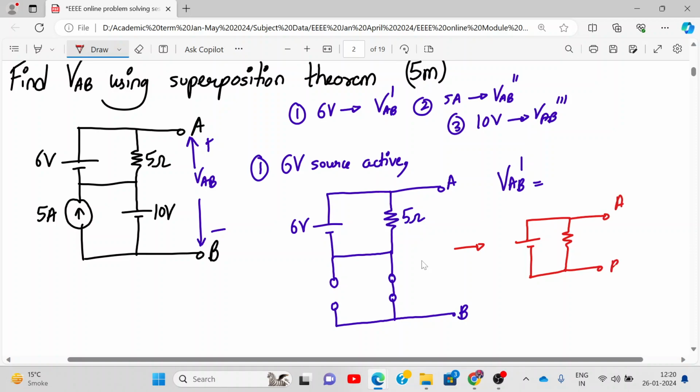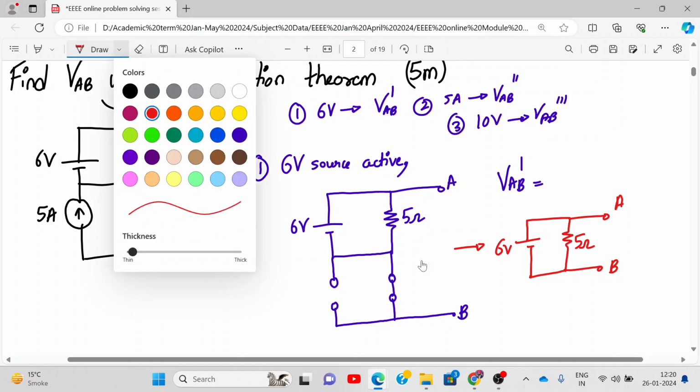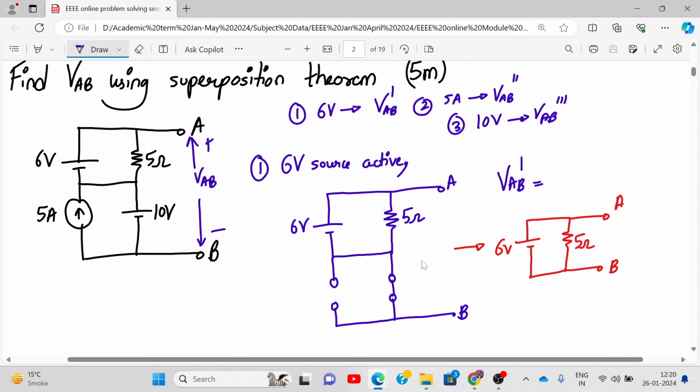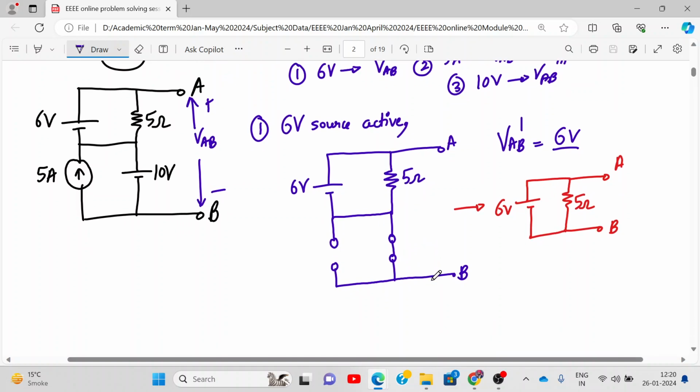So this is A, this is B, this is 5 ohm, this is 6 volt. Now can you tell me how much is the value of VAB dash? Yes, it's 6 only, na? It's parallel voltage directly. So directly the answer is VAB dash is 6 volt. Alright, it's correct. Have you noted down? Can I go to the next step?